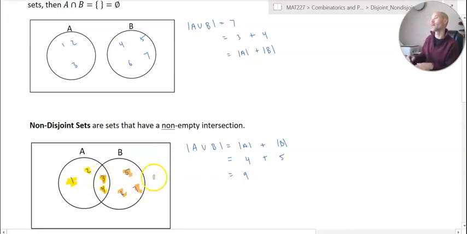And if you notice, we've counted 3 and 4 again. We've counted them twice, because being part of the intersection still means it's part of each set individually. So we essentially double counted the 3 and the 4, right? We really wanted 7 elements. We counted 9, but we counted 2 too many.